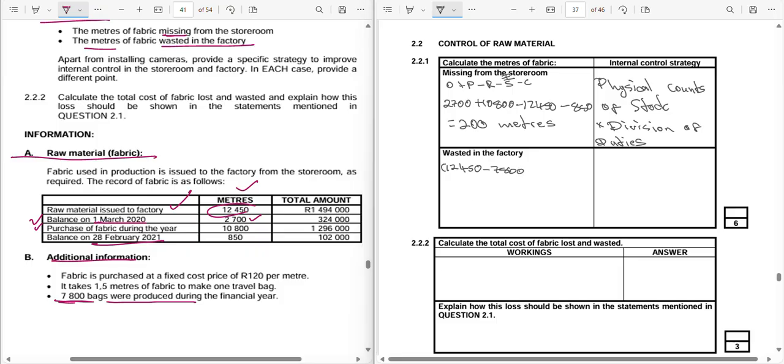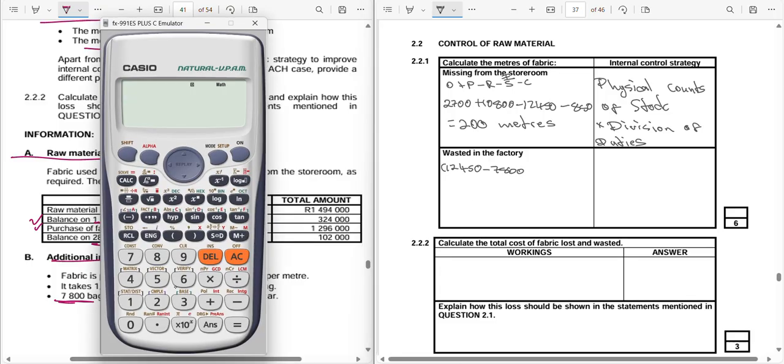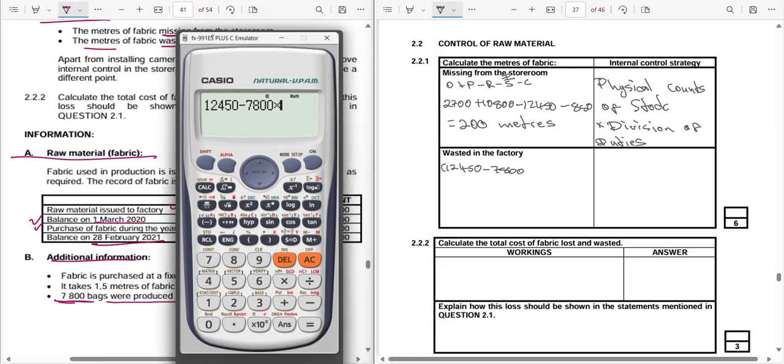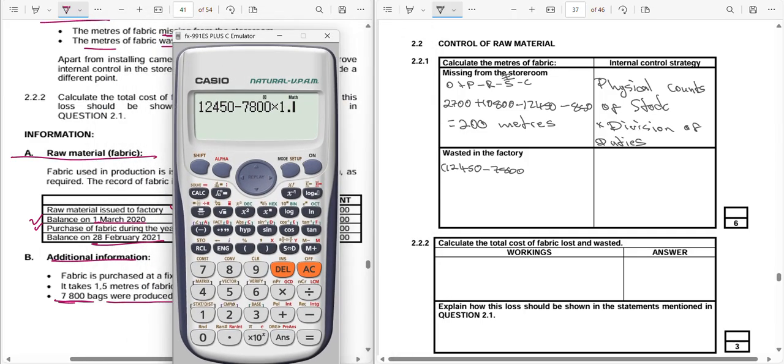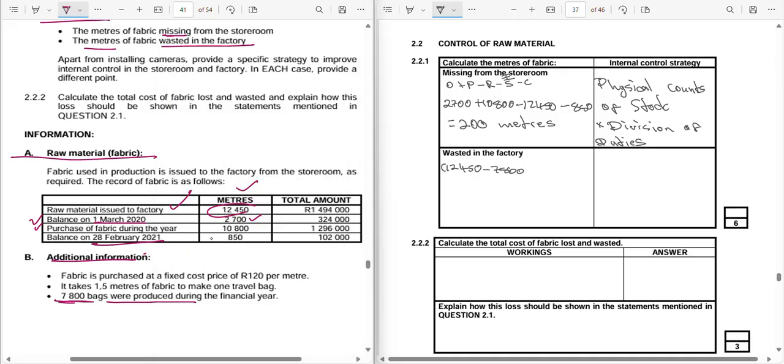Wait, let me confirm something before. 12,450 minus 7,800 times 1.5. Then you say times fabric meters.